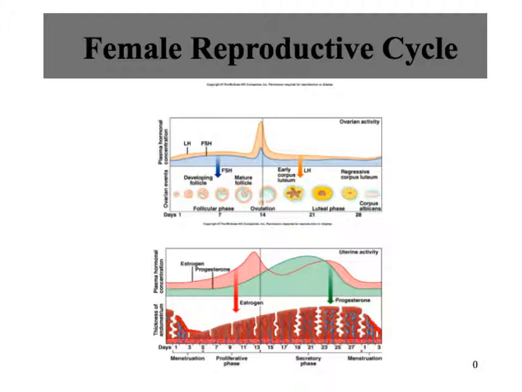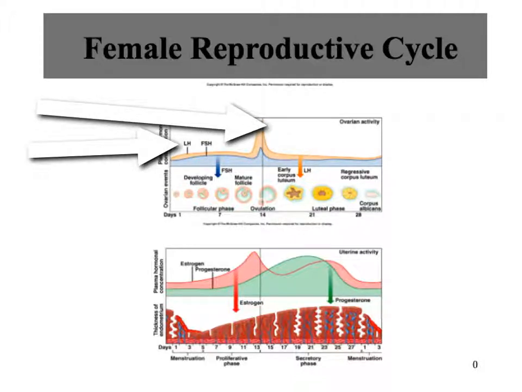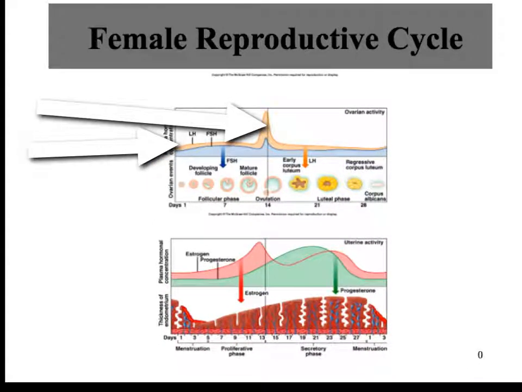There's quite a spike in luteinizing hormone here, which causes a major increase on day 14, and you can see ovulation taking place. Now, assuming there is a viable sperm present and fertilization occurs, we would see a significant change here, with continued production of estrogen and progesterone, along with continued growth and development of the endometrial lining.